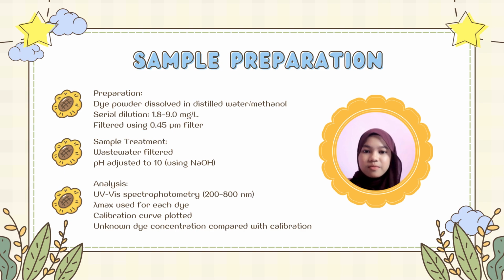Each dye's lambda max, or wavelength of maximum absorbance, was identified. The known concentrations were employed to construct a calibration curve, and the unknown sample concentrations were determined by comparing their absorbance against the curve.